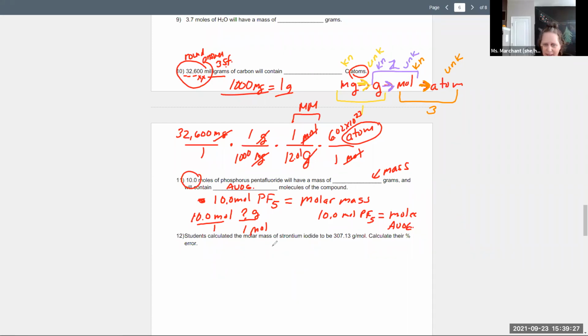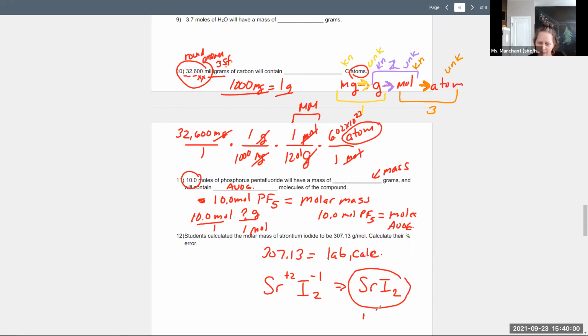All right, students calculated the molar mass of strontium iodide to be 307.13. That is the lab answer in this case, or the calculated answer, but not the actual answer. Strontium iodide, strontium. What group is strontium in? It's in group 2, so it has a +2 charge. Iodine, -1. So my formula for strontium iodide is this. Calculate its molar mass.